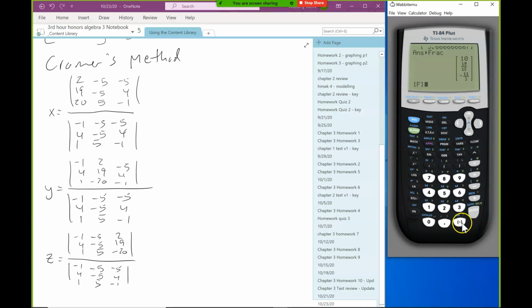Maybe you do know how to do the determinants already. Maybe you're a matrix wizard, which would be a pretty cool thing to be a wizard of.